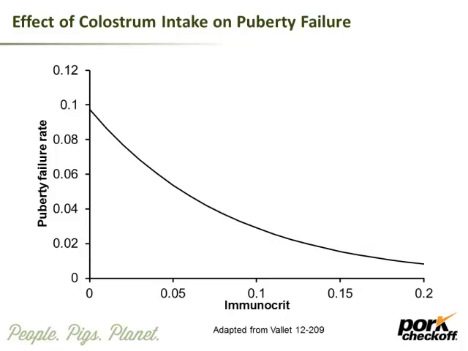And so I don't really know what to do with this slide because it talks about immunocrit and it fits in with birth weight and piglet growth. The way it fits in is because the small piglets tend to drink less colostrum, have less opportunity to drink colostrum. This immunocrit that I'm showing along the bottom here is the assay that was developed by Jeff Vallet, and he measures that within 24 hours of birth.